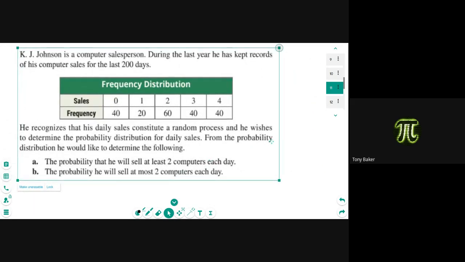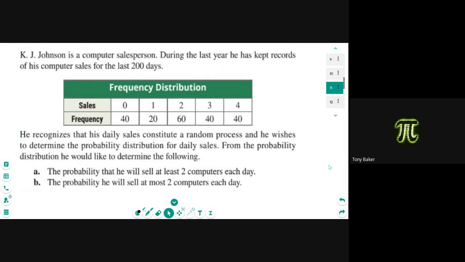All right. Let's look at one that does not have to do with coins. This guy's a computer salesman. He's kept records on his computer sales for the last 200 days. The number of sales is 0, 1, 2, 3, and 4.